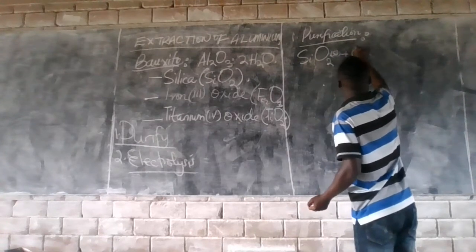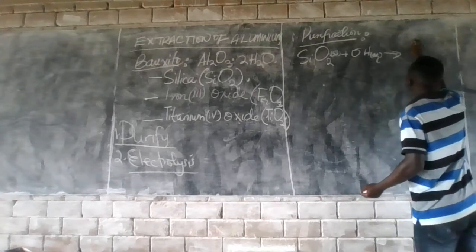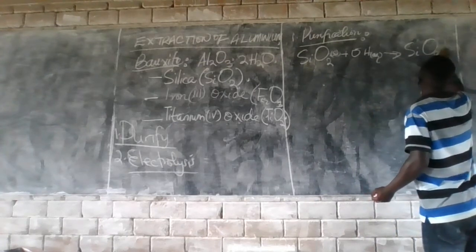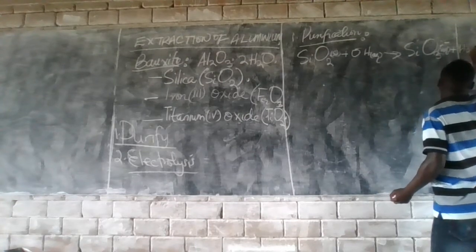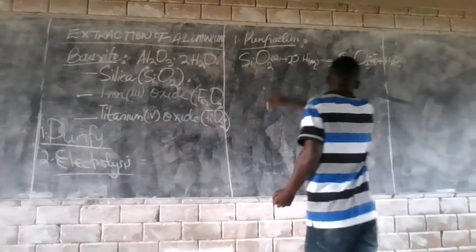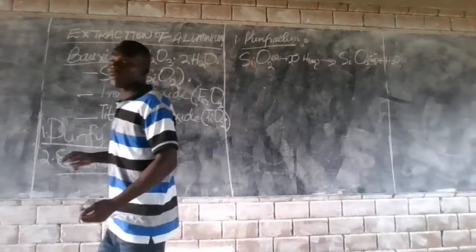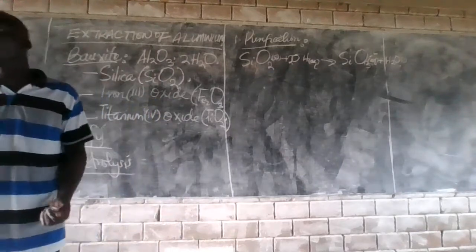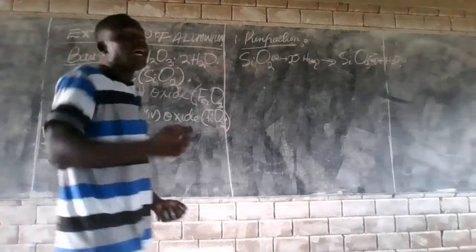Solid reacting with OH- aqueous will form sodium silicate plus water. Balance charges, I think the equation is balanced. Then aluminium oxide, for it being amphoteric, it will dissolve in concentrated sodium hydroxide, forming sodium aluminate.